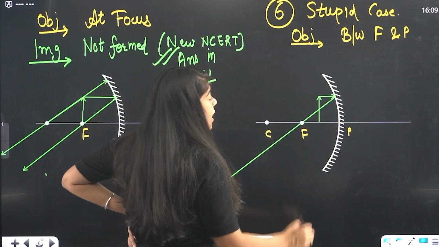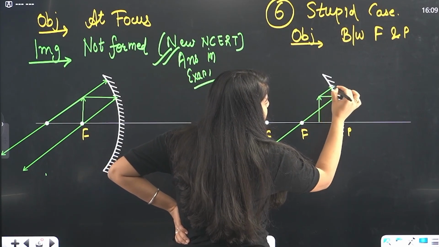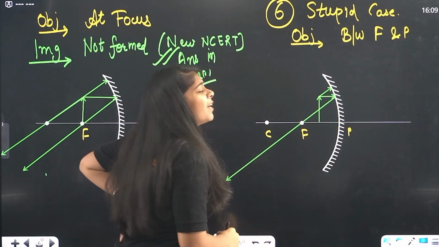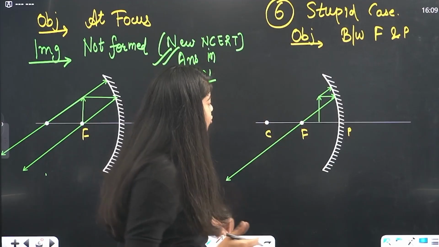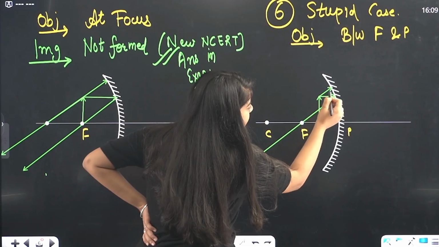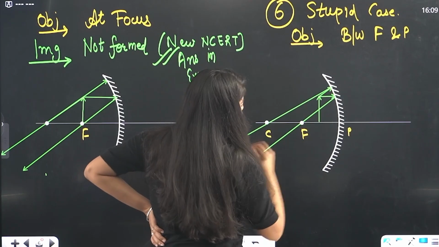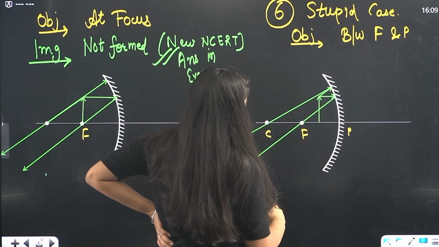Ma'am, what does that mean? That means, beta, imagine one ray is going like this. But how do you know this will pass through center of curvature? We have done lots of experiments, and when we extended it back, when it reflected from here, it passed from center of curvature. So you have to make this a little bit better.